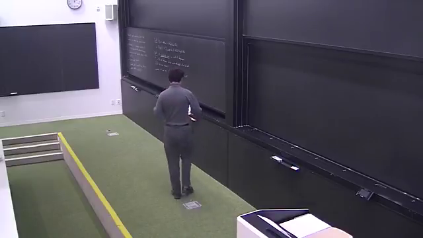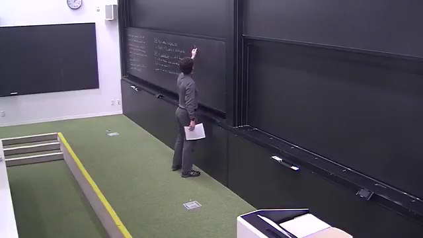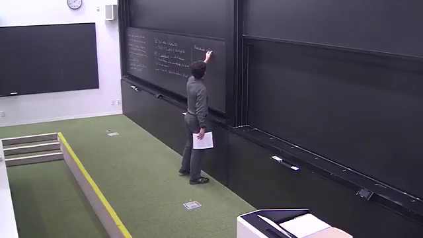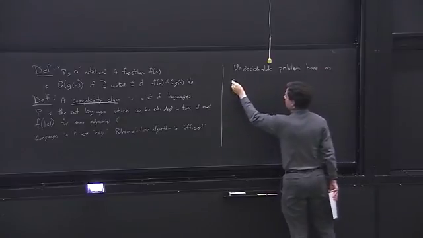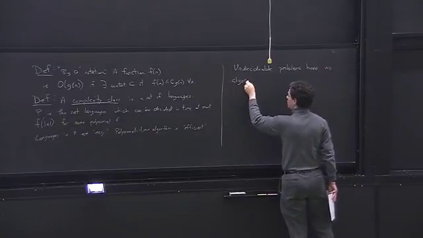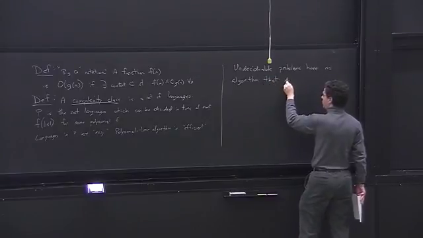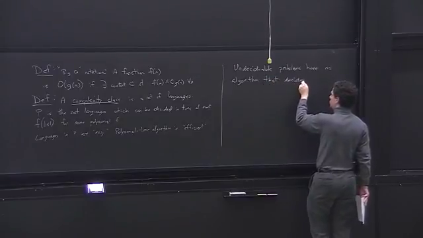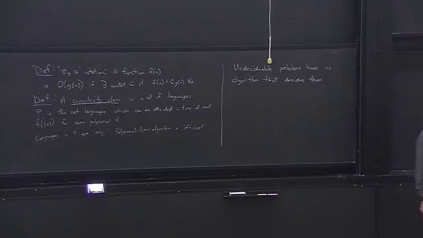So these are the undecidable problems. Undecidable problems have no algorithm that decides them. And the standard example of an undecidable problem is the halting problem.